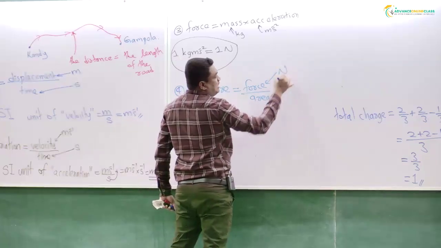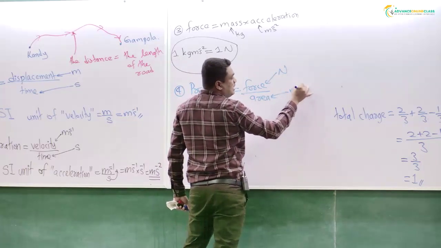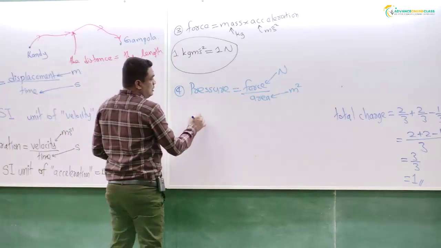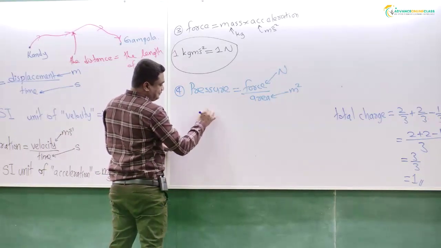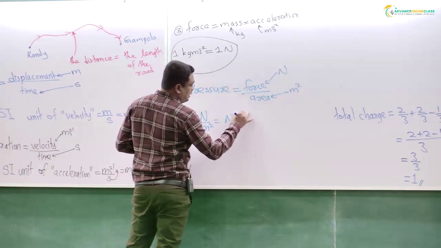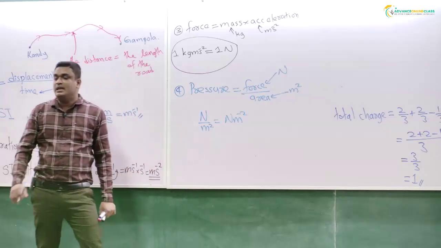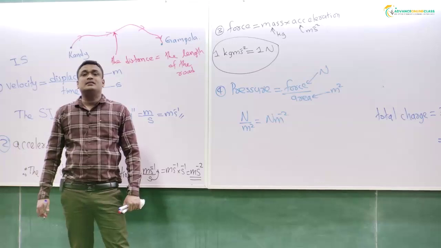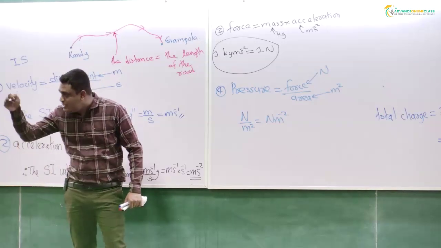Force is measured in Newtons, area in square meters. Everybody knows it. So what is the unit of pressure here? Newton divided by square meter, Newton per square meter. Right? But what is the unit that you have heard for pressure?